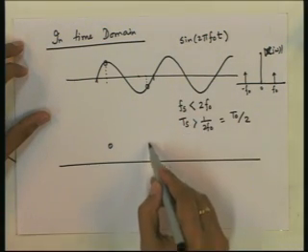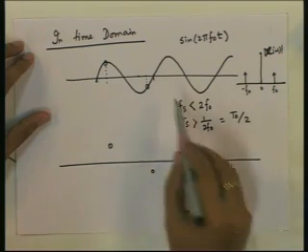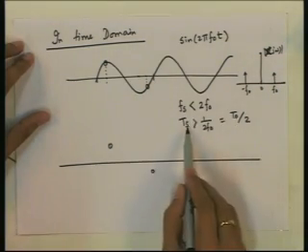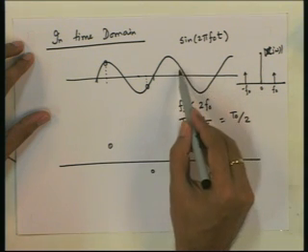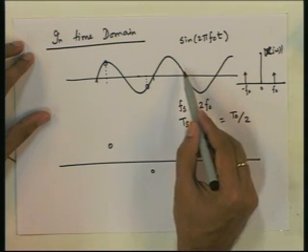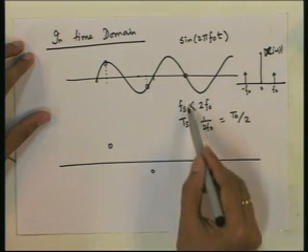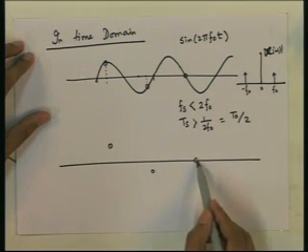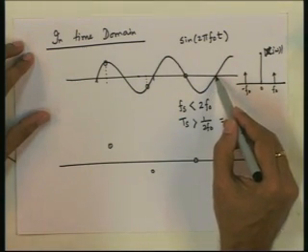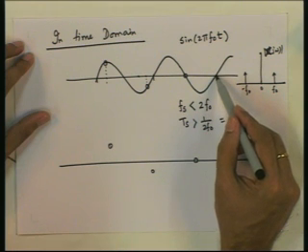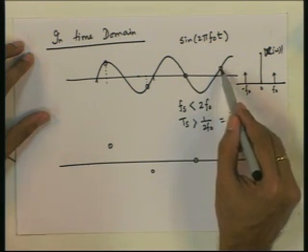So we get here a value, and then another Ts later. T naught by 2 is here, then later let us say here we get another sample. Then another Ts, which is greater than T naught by 2, and then let us say here we get another sample.